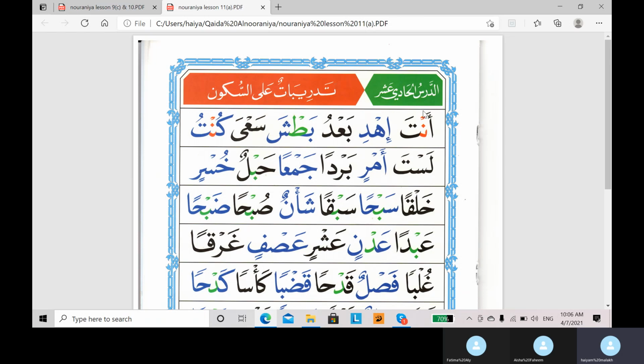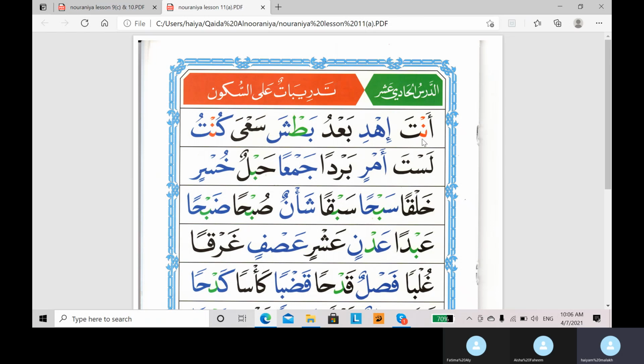Hamza Fatha Noon Sukun An. Because as we decided, with a sukun it has to be two letters together. So always my eyes go to the next letter's sign. If it's sukun, I have to read two letters together. If just fatha, dhamma or kasra, I will read just the current letter.